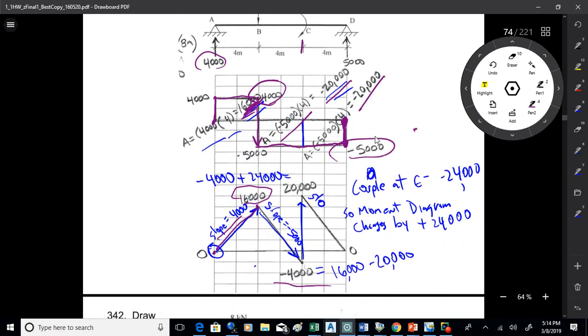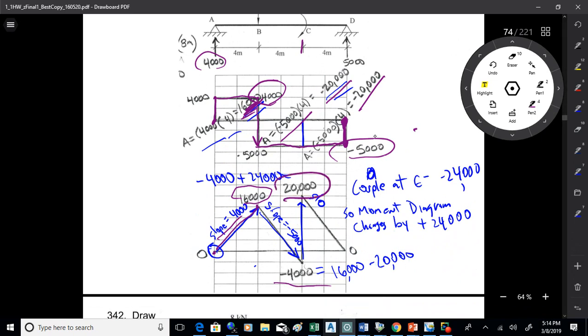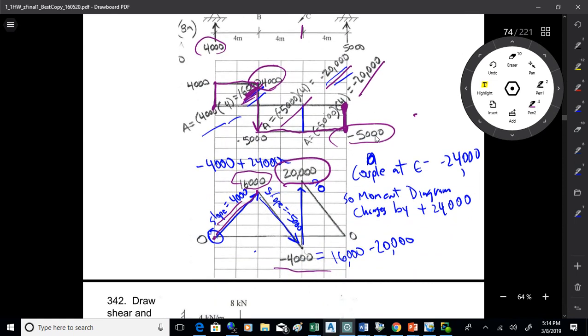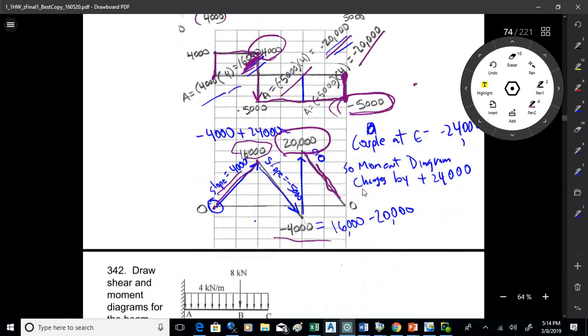So from negative 4,000, you now jump up to 20,000. Then that last area to the right of the couple is negative 20,000, so that brings you back down to 0. Again, that'll be at a constant slope equal to the value of shear, negative 5,000. So there's the first one.